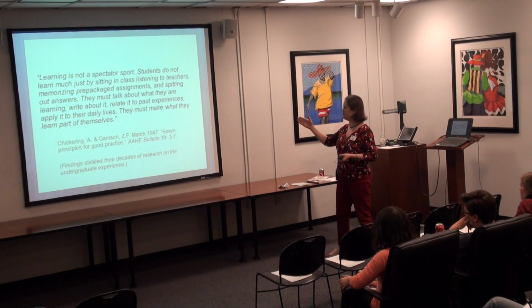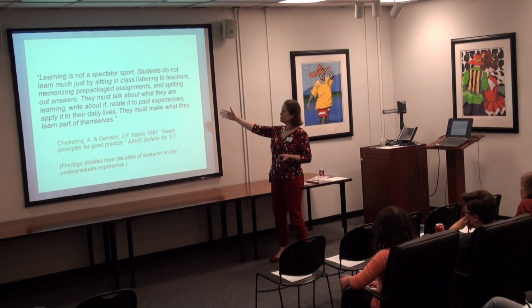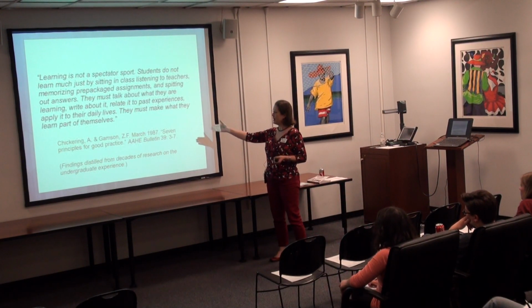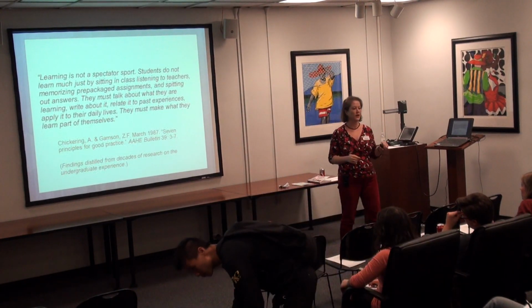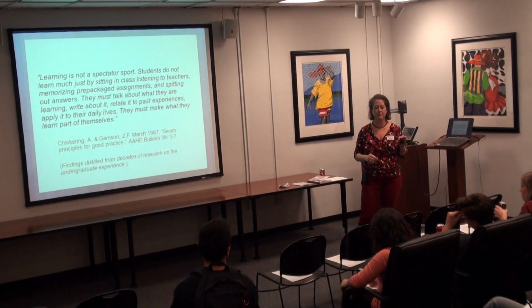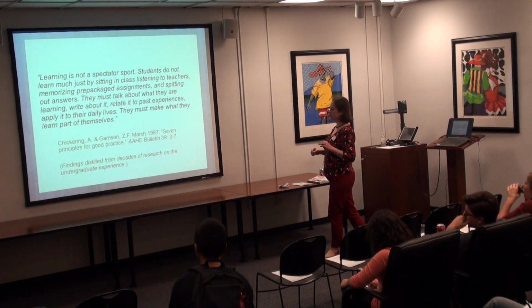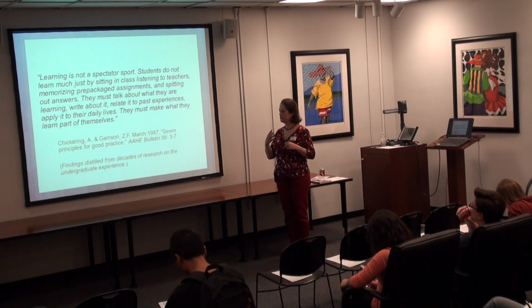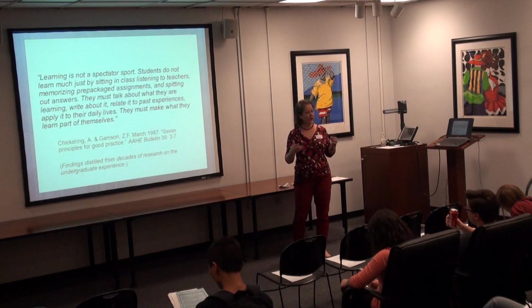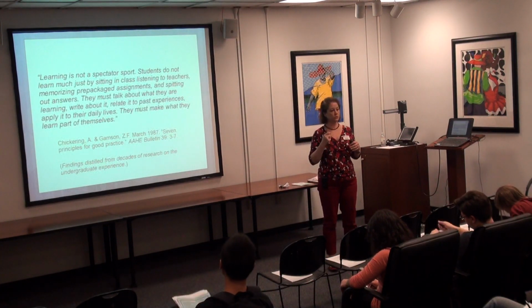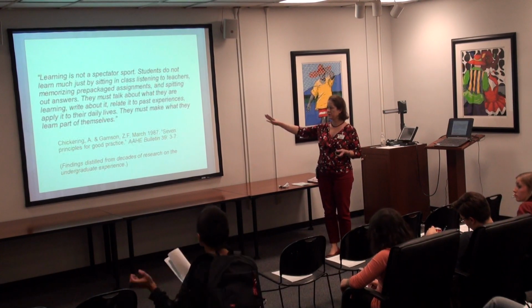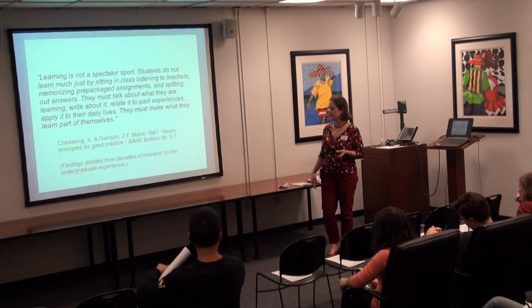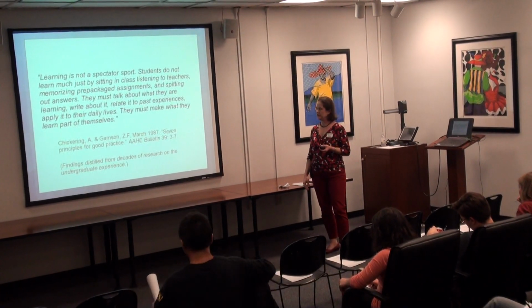They actually learn by getting up, talking about what they're doing, writing about it, relating it to past experiences, relating it to their lives. And that's really key when we talk about active learning. Okay, so you have to incorporate it and put it into part of yourself to actually learn it, truly understand it. And this was from tons of research. It was a meta-analysis of research on undergraduate education.